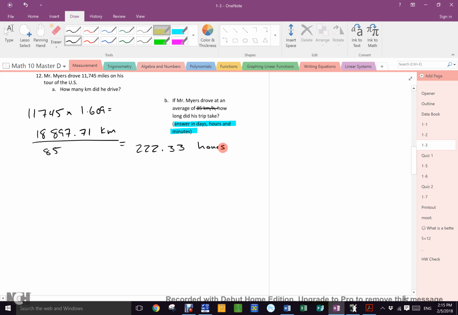Now, I want this total amount converted to days, hours, and minutes. So first I need days. I have a value that I want to convert, yes? What is that value? 222.33 hours, and I want what?